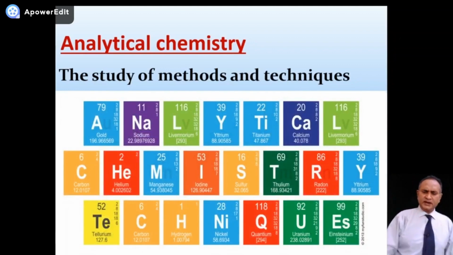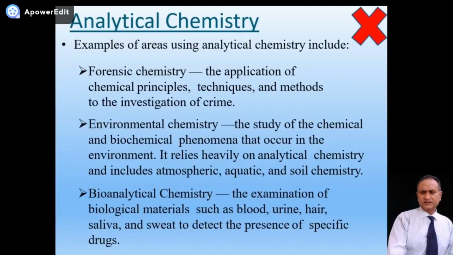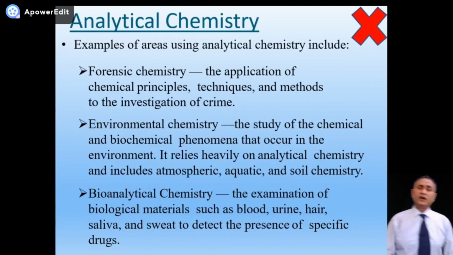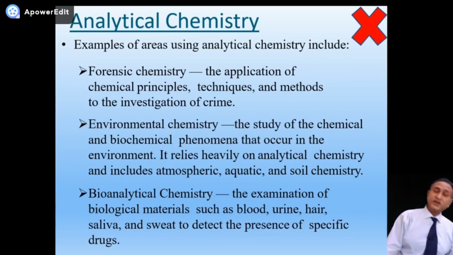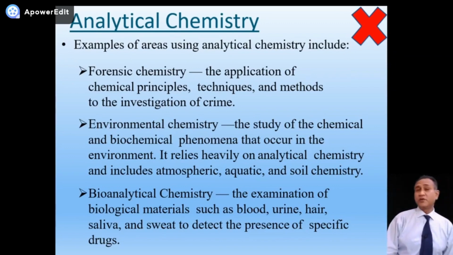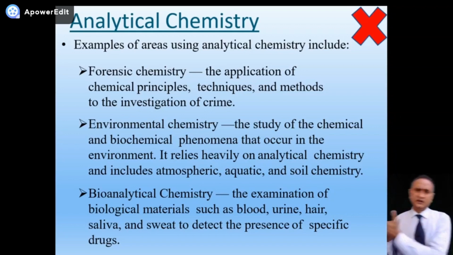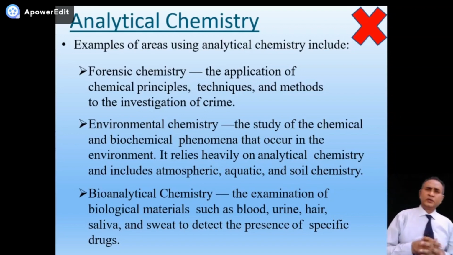Similarly, analytical chemistry is related to the most important part of the CID series, the forensic lab and all the tests. Most of you must have seen that CID series and the different tests they do to find the facts. This is also a branch of analytical chemistry.